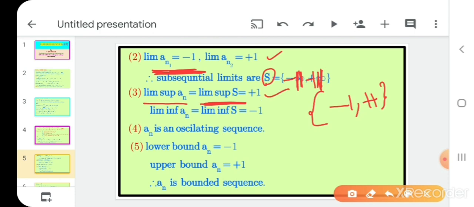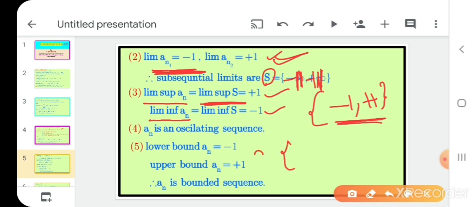Similarly, what is the value of limit infimum of AN? Limit infimum of AN is equal to the infimum of capital S, that means of minus 1 comma plus 1. What is the infimum? It means the minimum value, minus 1. Therefore, limit supremum of AN equals plus 1, and limit infimum of AN equals minus 1.